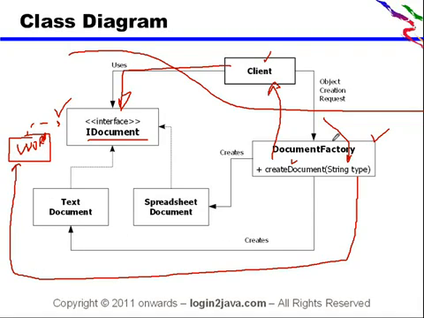You need not change much in the component. You just need to change a line in the document factory for the new type of document to be created, and then create a separate class that implements the iDocument interface. So when you debug or test your newly developed code, you need not test the text document and spreadsheet document portion. Just test your Word document. So it is easy to expand, easy to maintain.